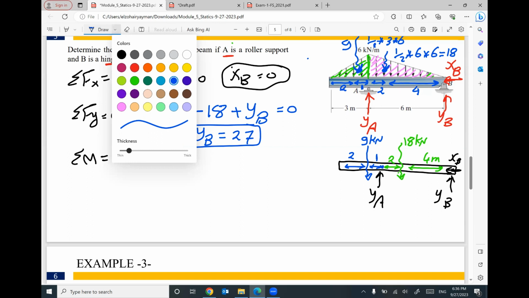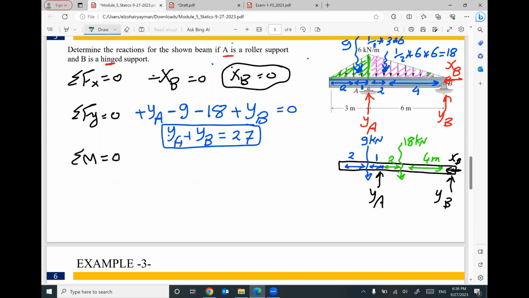The third equation will be summation moment at any point equals 0. I do recommend taking moment at B, the point with the highest number of reactions. B has 2 reactions. And I do recommend taking counterclockwise as my positive. It's up to you.